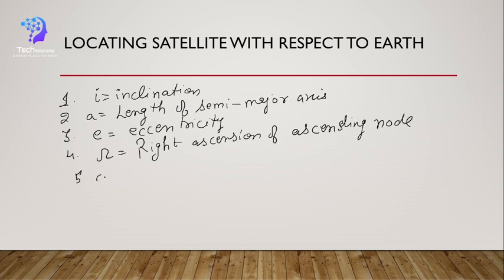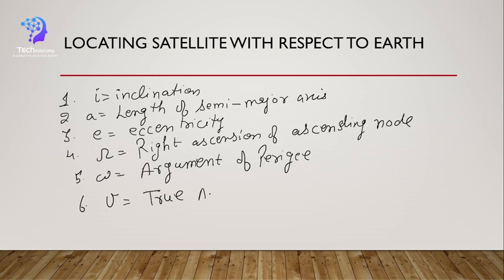Number five is omega, which is the argument of perigee. But we have another, sixth parameter, which is v, the true anomaly.